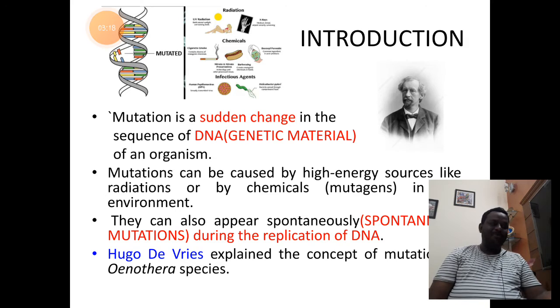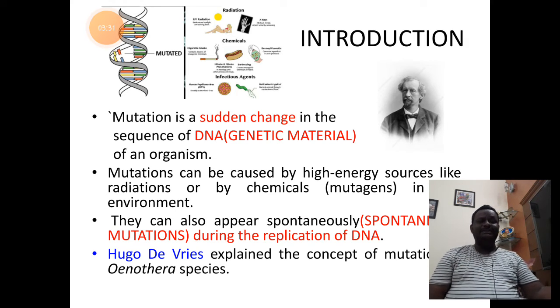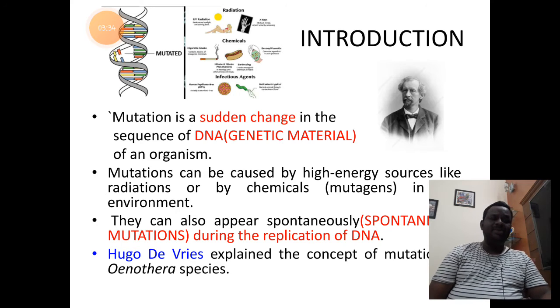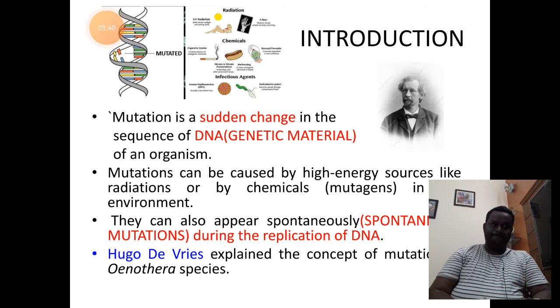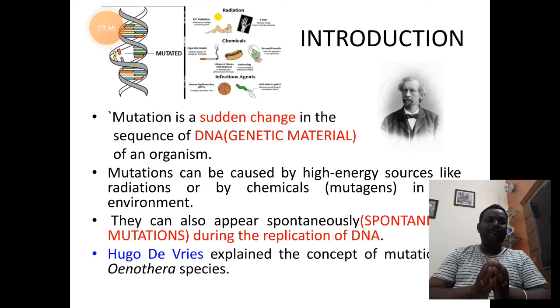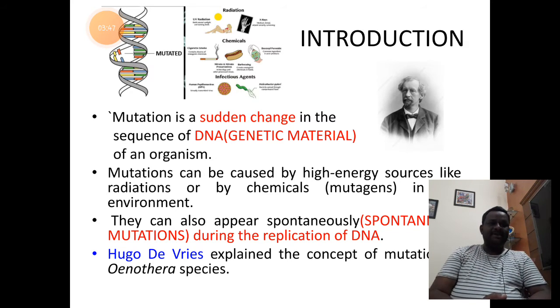So, it's a process which occurs by chance in the organisms. We do find mutations which occur by chance, called spontaneous mutations, which occur during the replication of DNA, which acts as the primary source of any genetic variations that we have learned in the previous session.